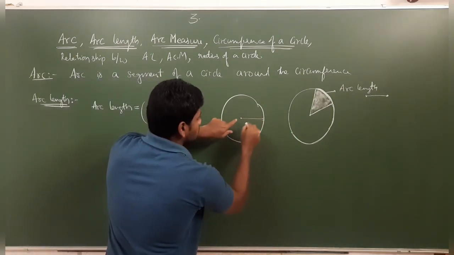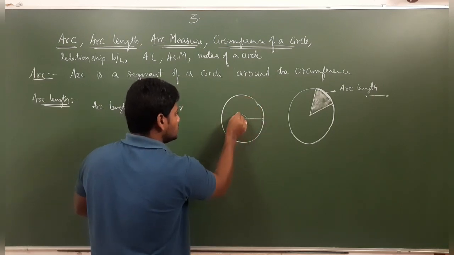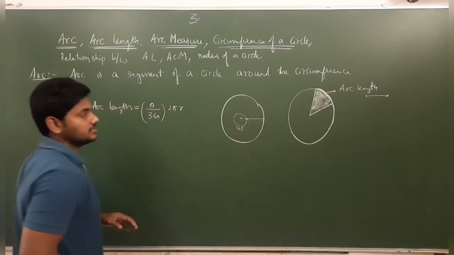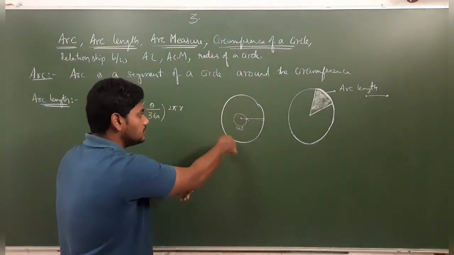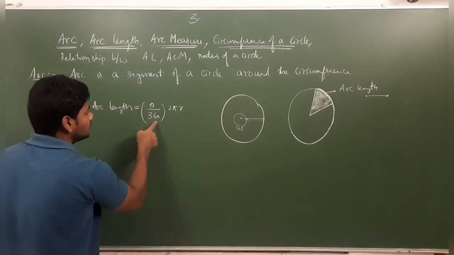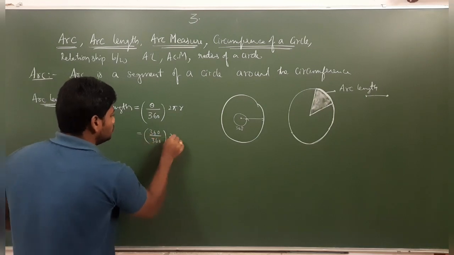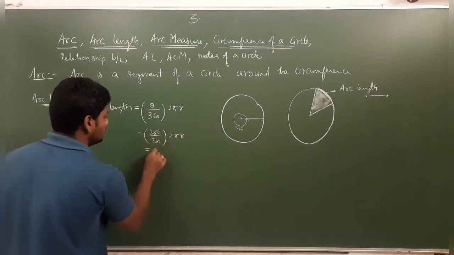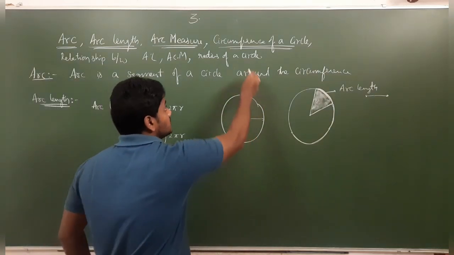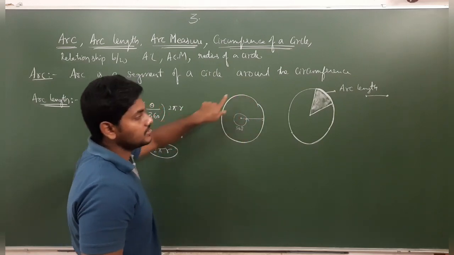To draw this arc, the degrees is 360. So the arc length of the total arc is 360 by 360 into 2 pi r. These two cancel, and we get 2 pi r, which is nothing but the circumference of a circle.